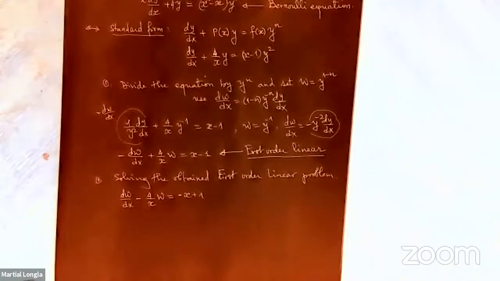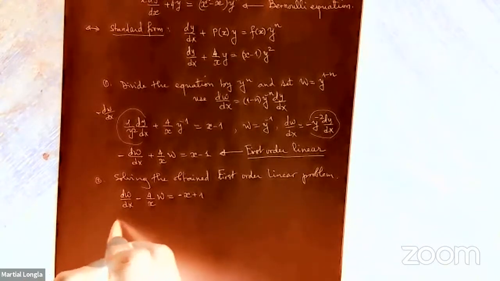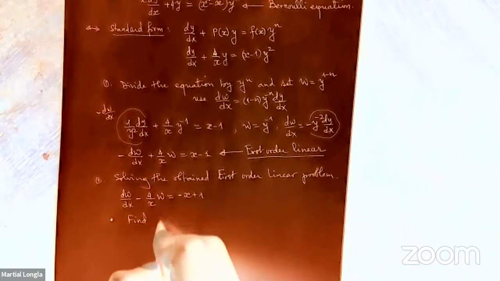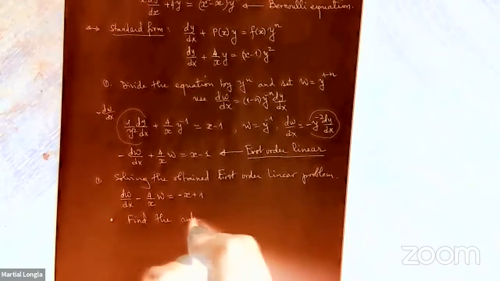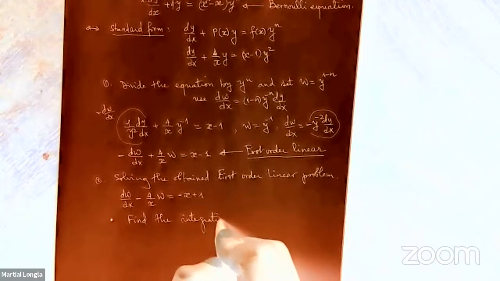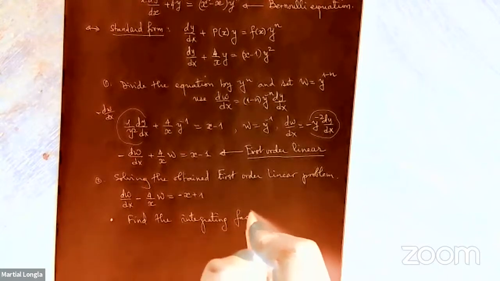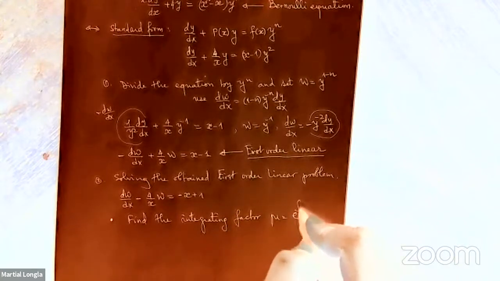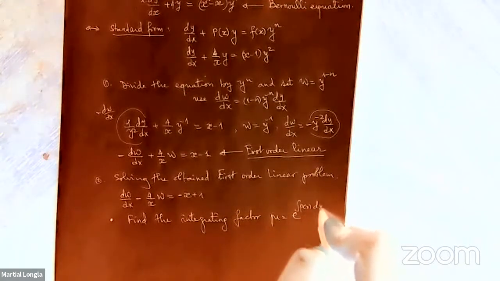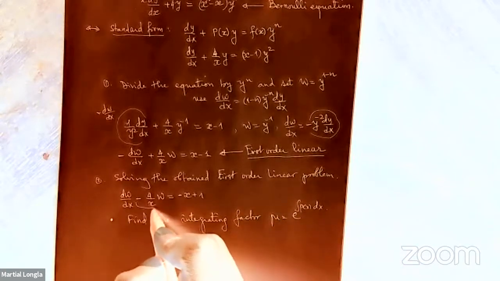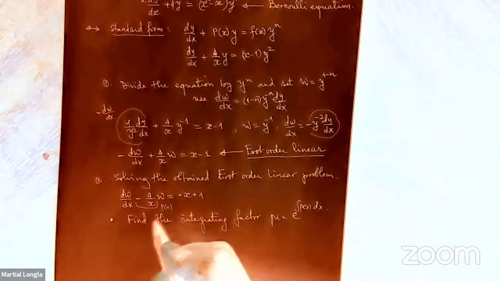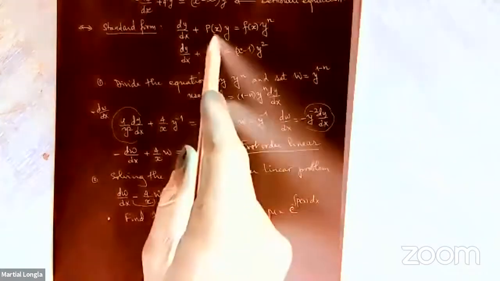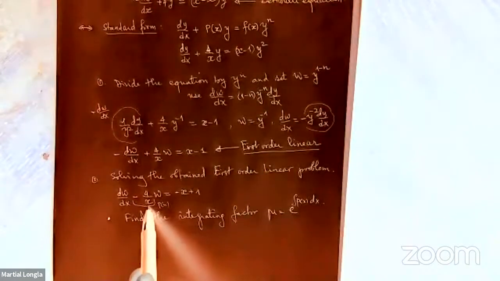Now what needs to be done in this problem, in solving linear problems, the first thing is find the integrating factor, which is mu equals e to the integral of p of x dx. P of x being what you have right here in this equation, not in the original problem.